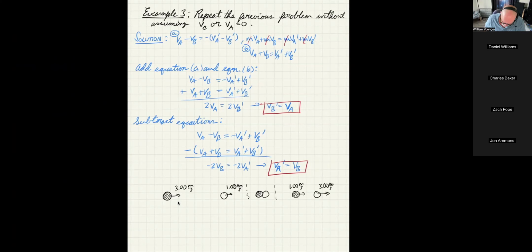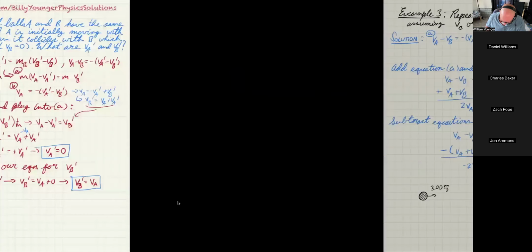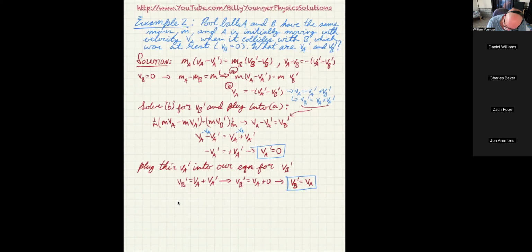Okay, let's try another example. By the way, I should probably clarify what this one did too. Let's draw a little diagram like I just did. In this case, we have this ball, let's say, moving at 3.00 meters per second, and this ball was sitting still.